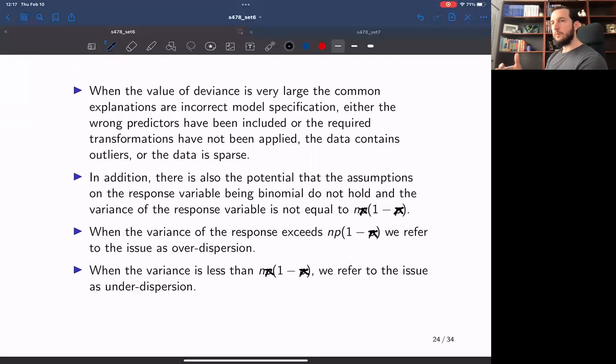When the response variable has an observed variance that's greater than the theoretical variance, this would be evidence of over dispersion, and this is typically represented through the deviance being larger than its associated degrees of freedom. When the variance of the response is less than the theoretical variance, we call this under dispersion, and this would be represented through the deviance being less than its degrees of freedom.